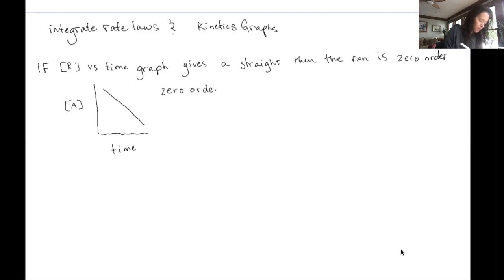All right. And what that means is the concentration does not affect the rate, right? We've already talked about that. The changing in the concentration doesn't affect the rate. So what we see here is a constant rate, okay?